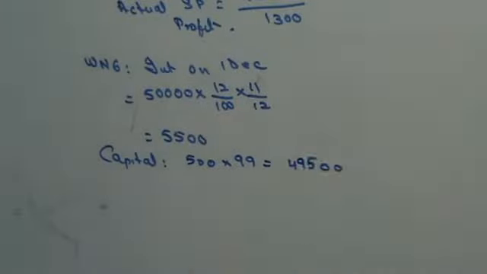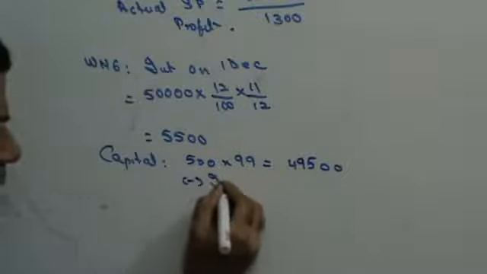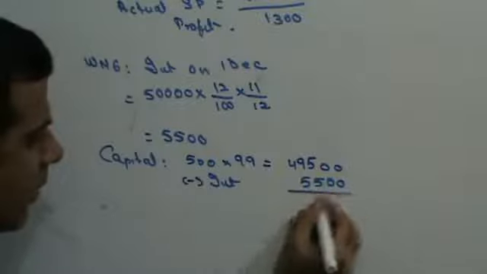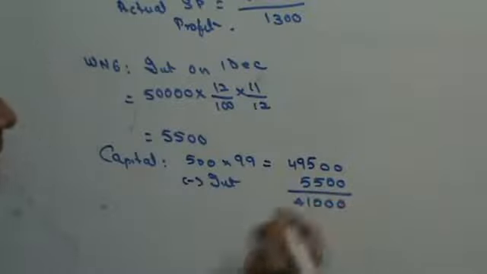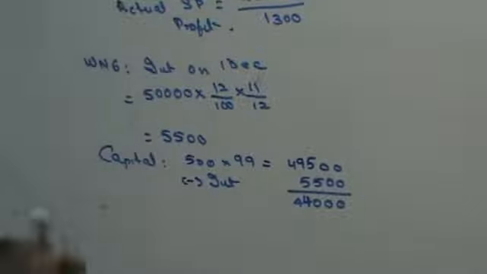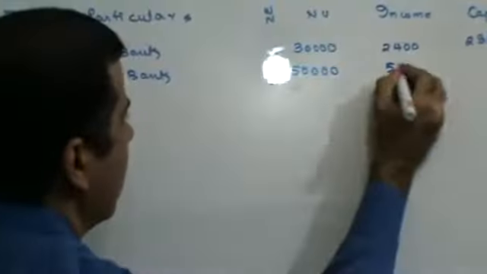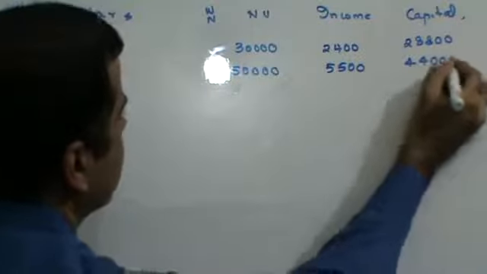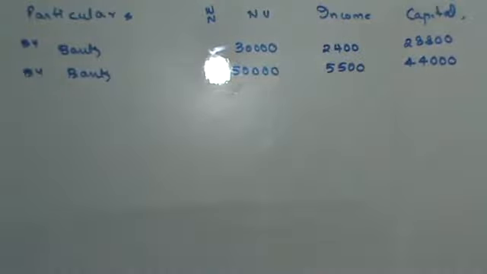Yes, sir. Since this is cum interest, I should deduct the interest. If I deduct interest 5,500, that gives me 44,000. Now, interest is 5,500 and capital value is 44,000. Fine, do we get this thing clear?